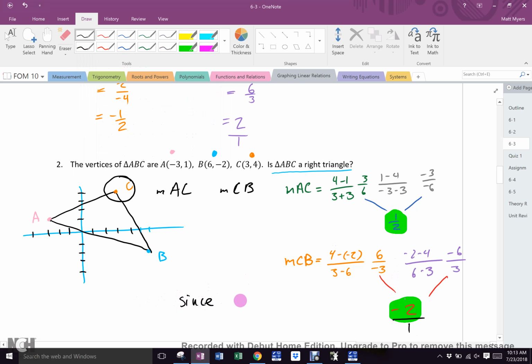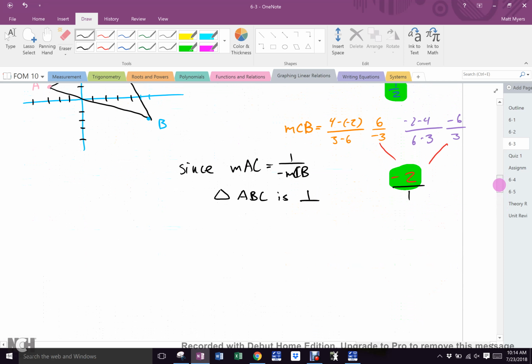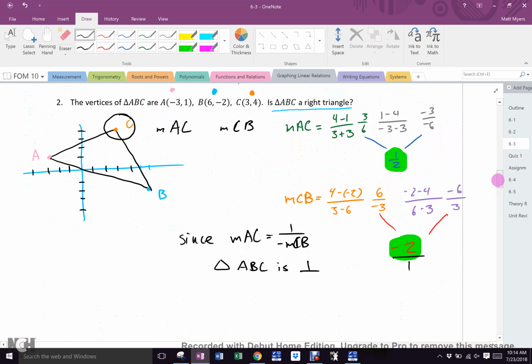Since m of AC equals 1 over the negative m of CB, triangle ABC is perpendicular. Everybody understand? Yeah? Can I slide along?